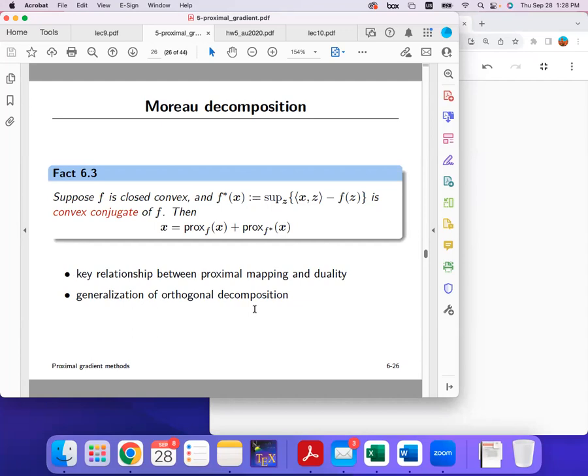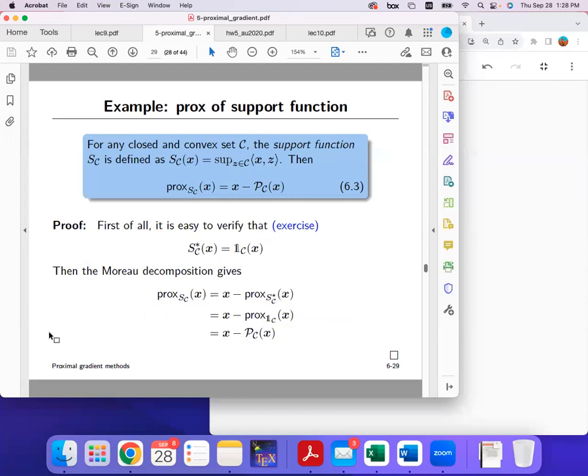Then we can decompose x by projecting x onto the convex set, which is the first term. And the proximal mapping of f conjugate is something related to another projection operator. I think we have an explanation here.